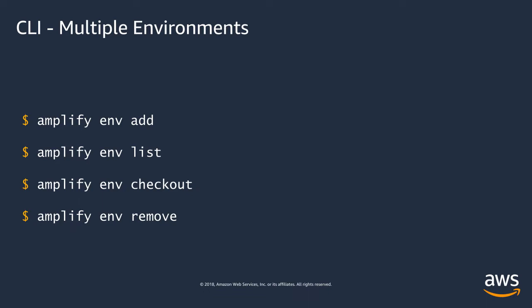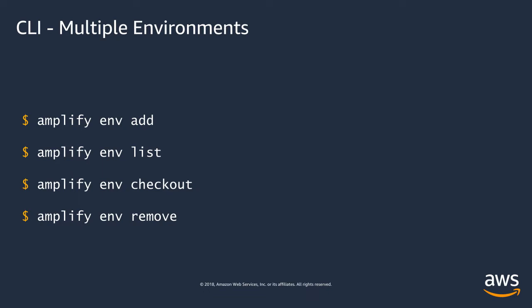We'll actually deploy an entirely new infrastructure by creating a new environment. So we'll have a new authentication service, a new GraphQL API, a new Lambda function. It will allow you to make changes in your dev environment and merge over only the changes that you want to keep in your main environment after testing out that new feature.